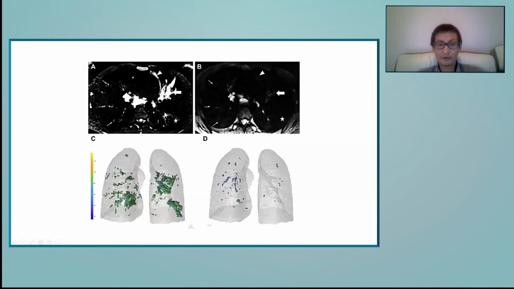And this is an example of a patient before and after a treatment. You can see that visually these signal intensity values are decreasing dramatically over time, but you can also reconstruct it in 3D and then check that the signal intensity of the lesion also decreases along with the decrease of the volume of the lesions.